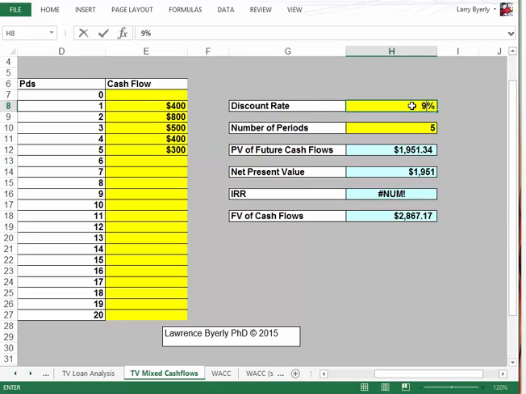The interest rate we're looking for is 9%. So the present value of this project is $19.04. That's what it's worth in today's money. The future value, reinvested, is worth $29.30.